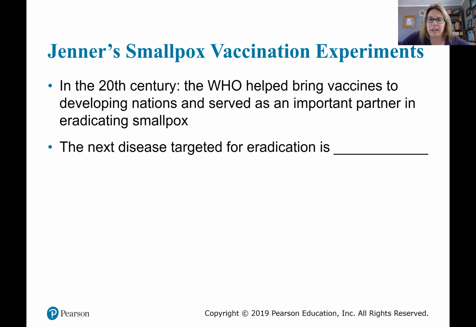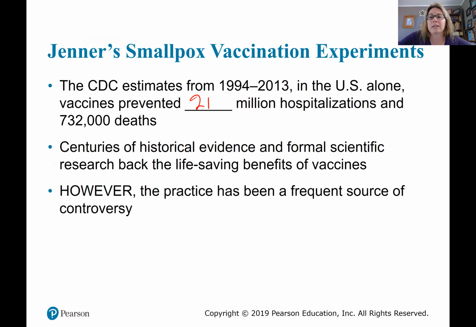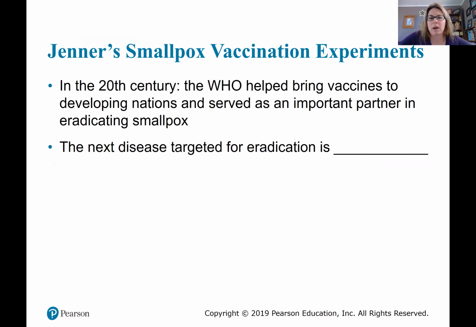So even though vaccines are life-saving, basically since vaccination began, people have really kind of pushed back against it. There's always been some controversy with that. Even in the 1800s, there was controversy about the use of vaccinations.